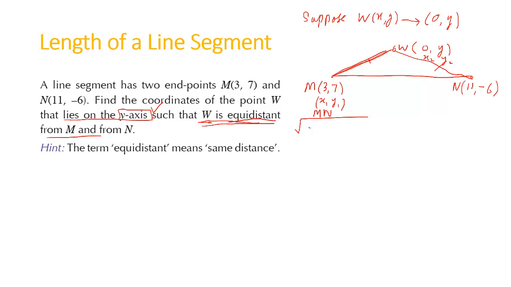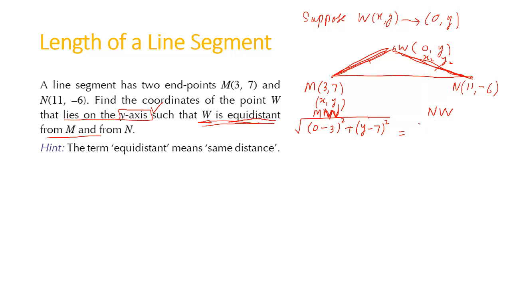So it is (0 minus 3) plus (y minus 7) whole square. This distance is equal to the other one according to the question, so MW equals NW.